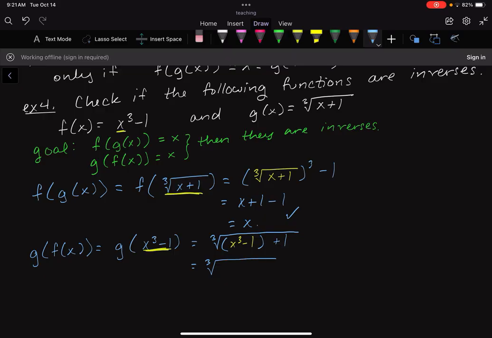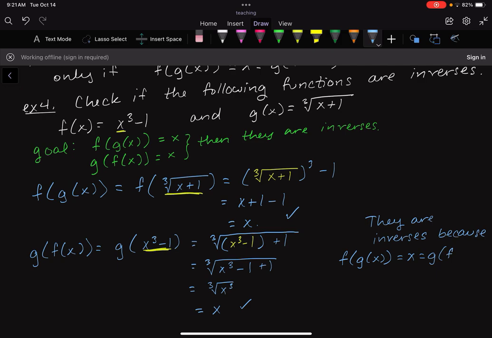So I get the cube root of x cubed minus 1 plus 1. The 1's will cancel, so I get the cube root of x cubed, which cancels, so I get back x. So they are inverses, because f of g of x equals x, and so does g of f of x. So if you plug them into each other, you get back x.